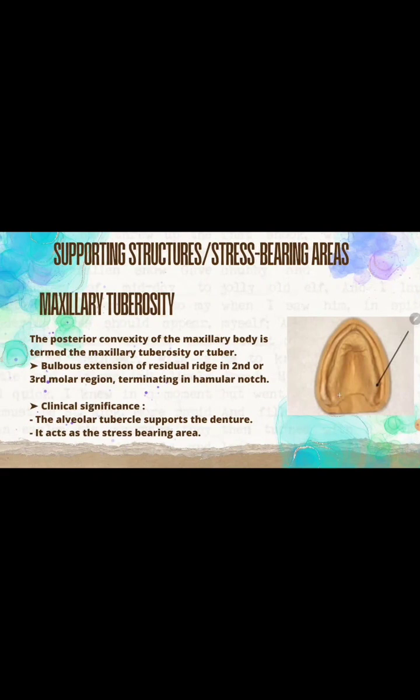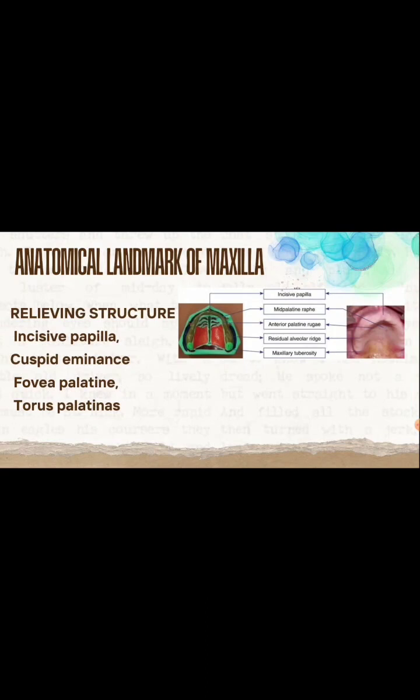The maxillary tuberosity is the posterior convexity of the maxillary body, termed the maxillary tuberosity or tuber. It is a bulbous extension of the residual ridge in the second or third molar region. The clinical significance is that the alveolar tubercle supports the denture and acts as a stress bearing area.